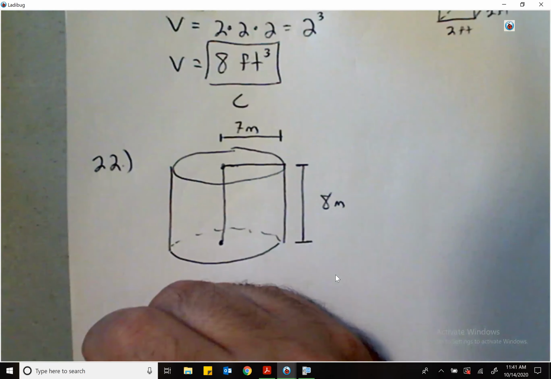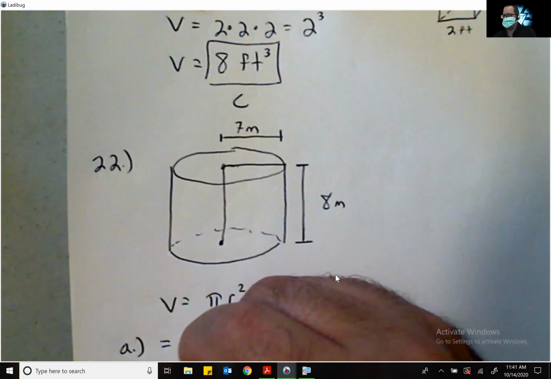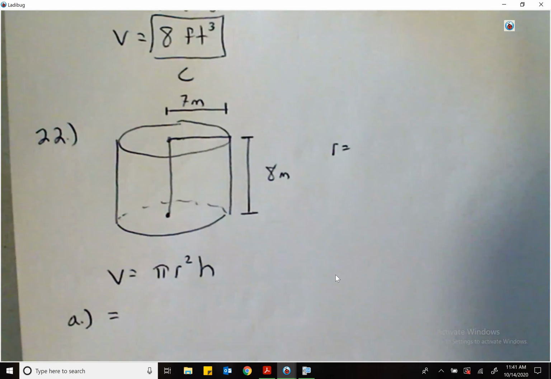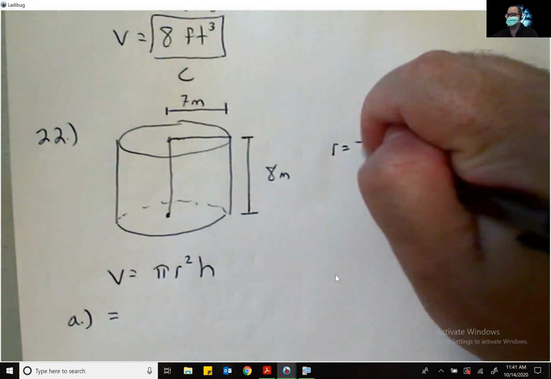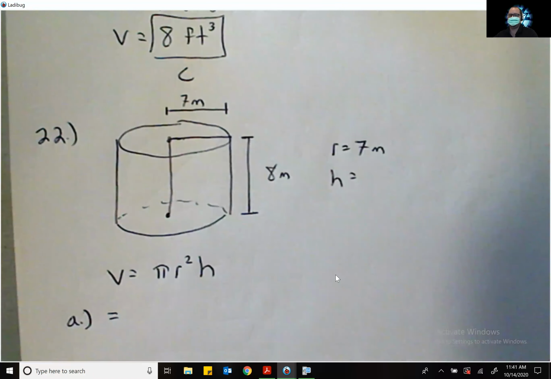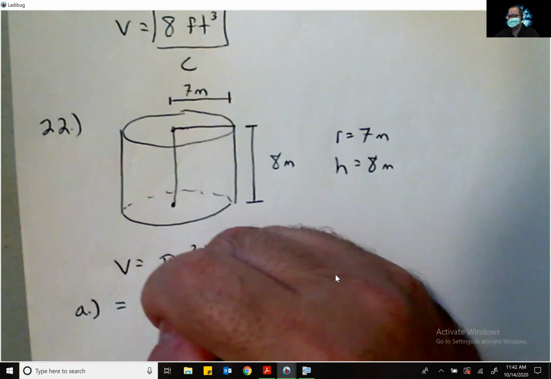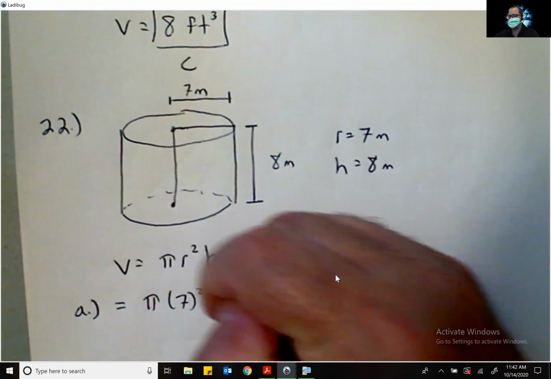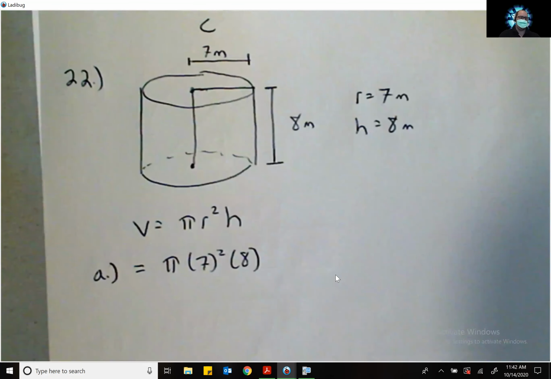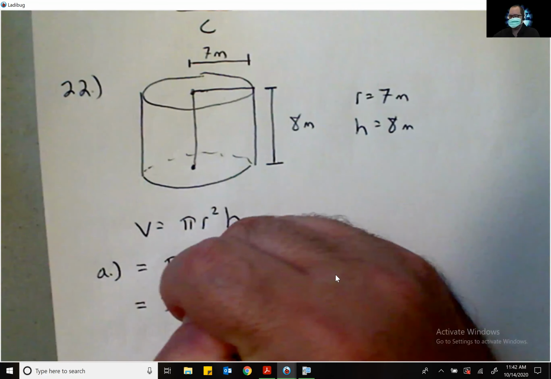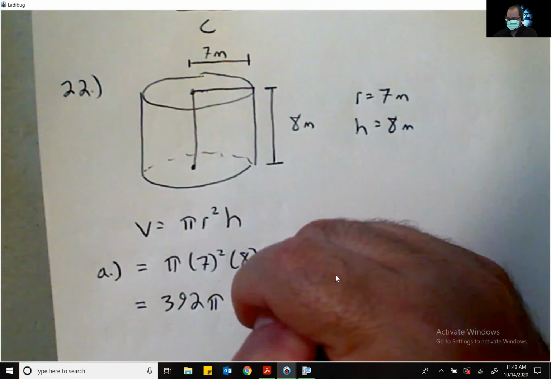Oh, okay. So for part A, all we've got to do is fill in what we know. Do we know what the r is? 7. Okay. Do we know what the height is? 8. And that's all you've got to fill in. So we're going to have pi 7 squared times 8. So the first thing we need to do is take 7 squared times 8. So 7 times 7 is 49, times 8 is 392. 392 pi meters cubed.